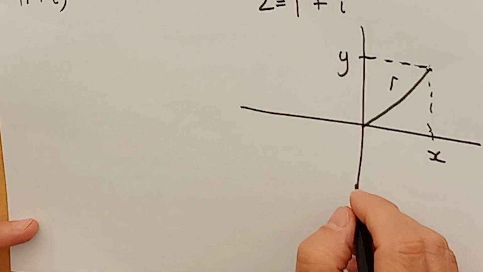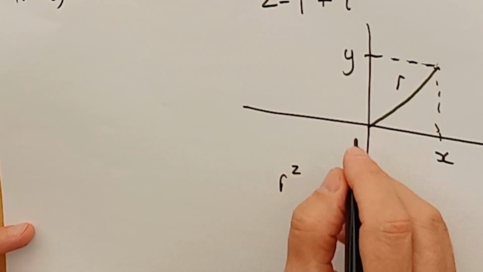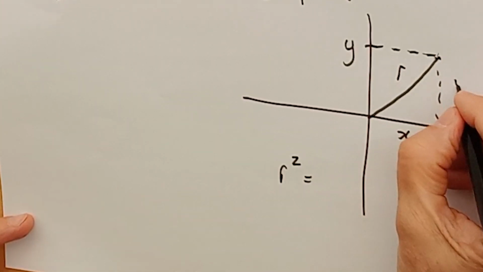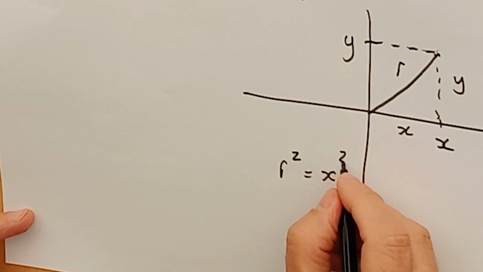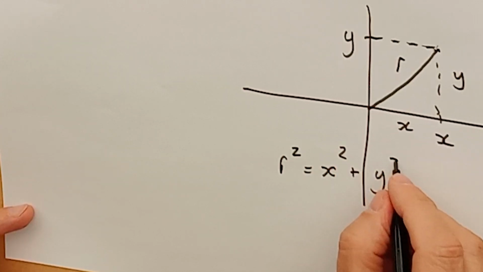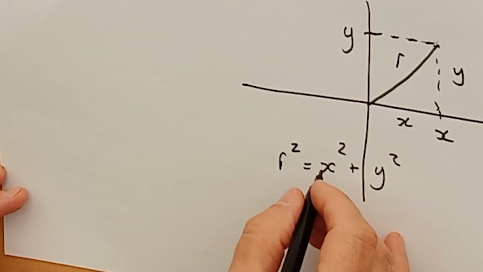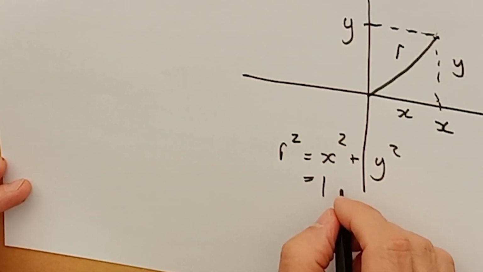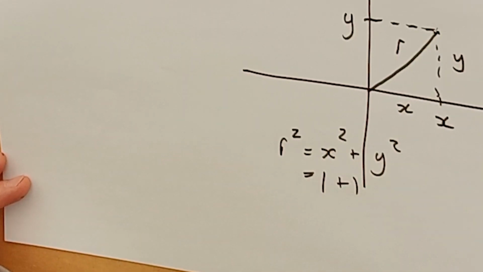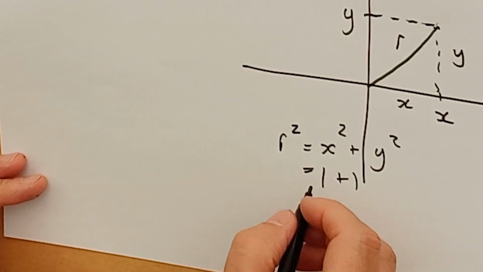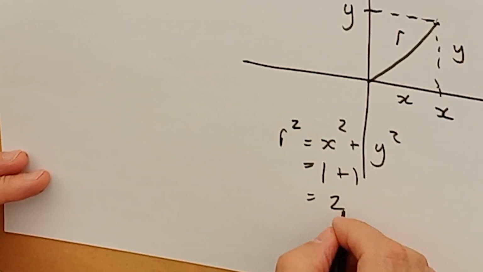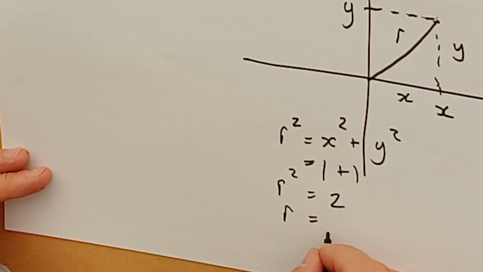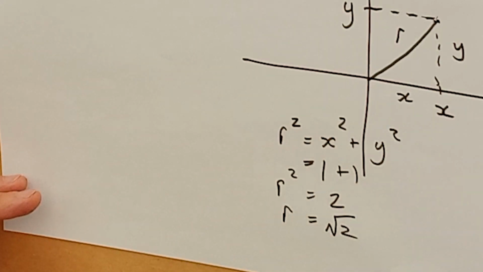And we know then that r squared equals, that's x, that's y, x squared plus y squared. And x is 1, y is 1. So that equals 1 squared, which is 1, plus 1 squared, which is also 1, which is 2. So r squared is 2. r is the square root of 2.